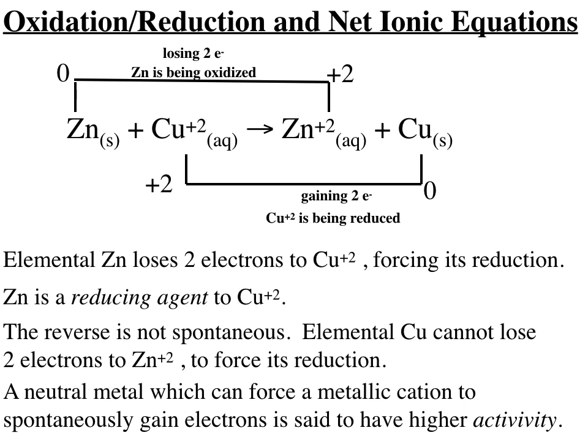So what we say then, since zinc can force copper to gain electrons, is that zinc has a higher activity than copper towards being a reducing agent or forcing materials to gain electrons.